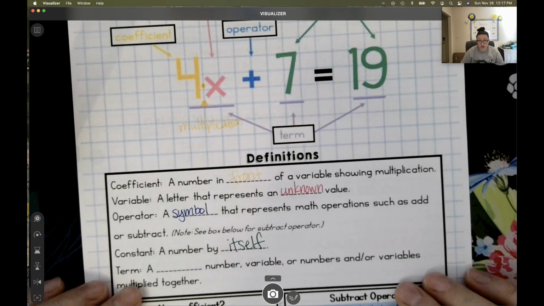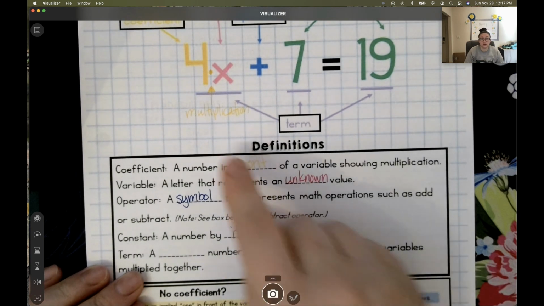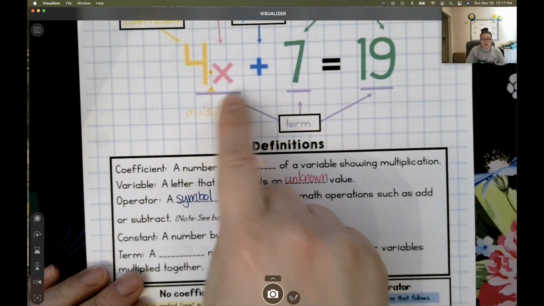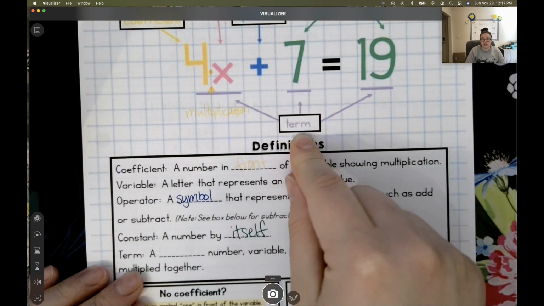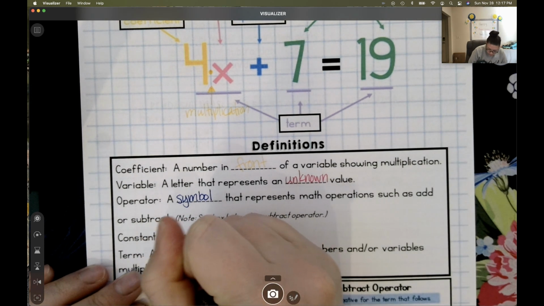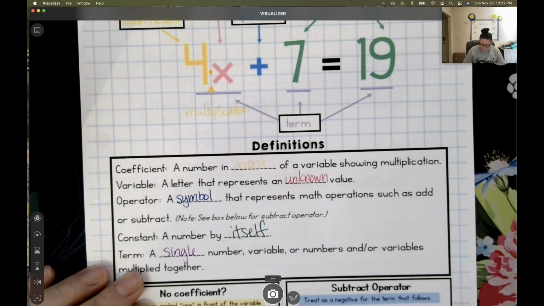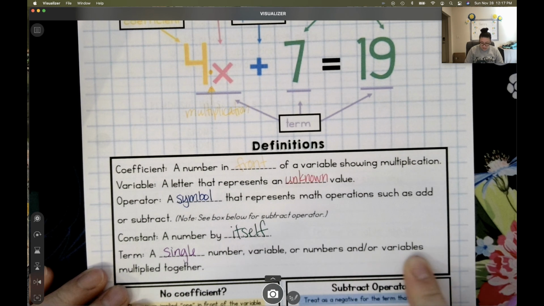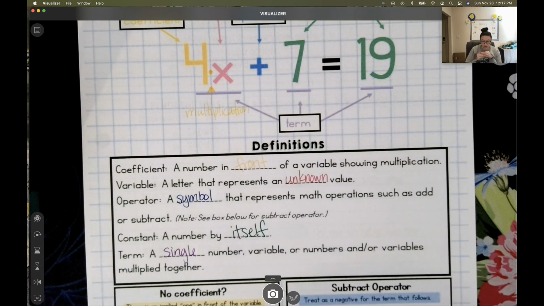And then the last part is term. These are new. 4x is a term. 7 is a term. 19 is a term. A term is a single number, variable, or numbers and or variables multiplied together.